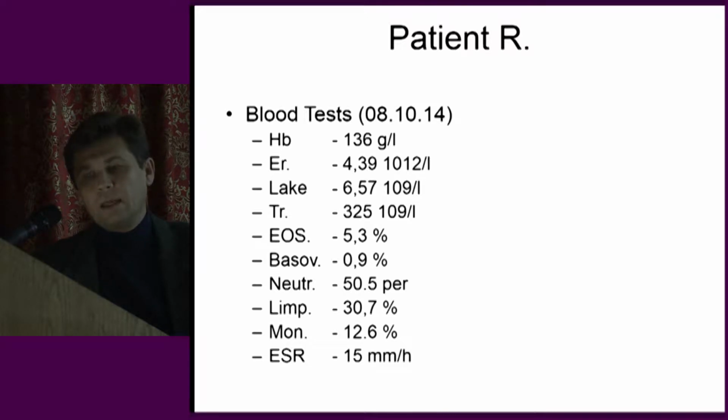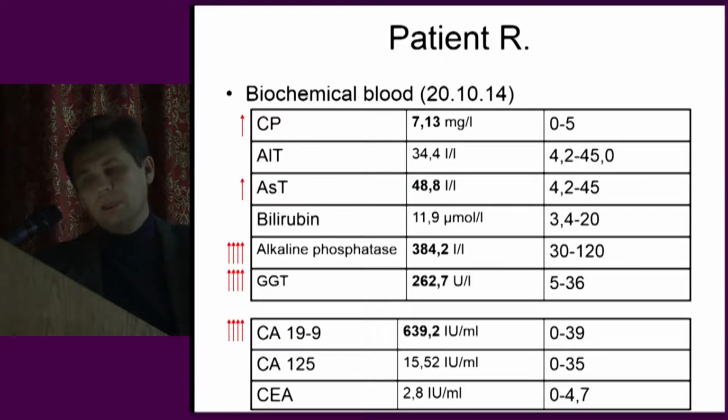on dynamic follow-up. In October this year, we had another set of tests and examinations. In the lab tests, you do not see certain changes in the blood, but cholestasis still persisted, as the biochemical test showed.